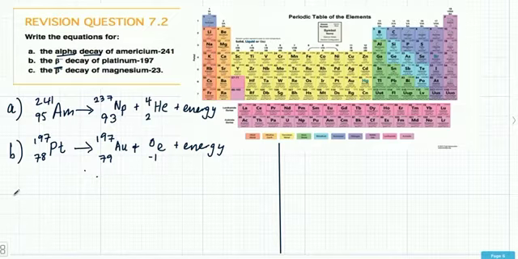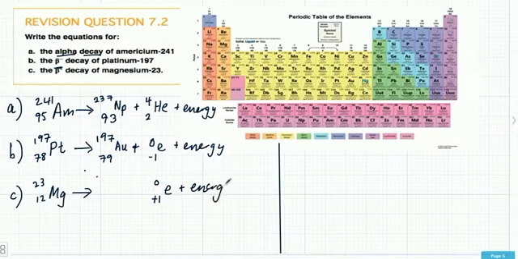And then the last one, C, is beta plus decay of magnesium. Magnesium 23. So you can see magnesium there is 12. Magnesium 23. And it's beta plus decay. So that's a positron plus energy. And we've got the bottom has to be the same.